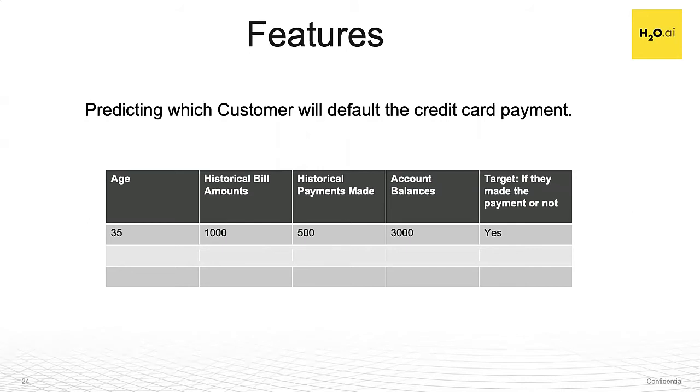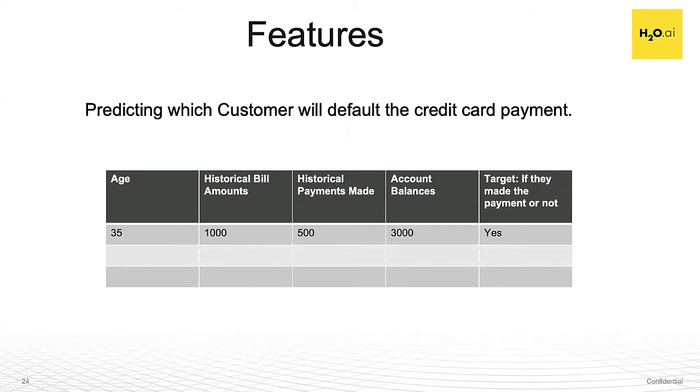So we try collecting some data points for Bob. Say we collect his age, his historical bill amount, how many payments he's made, and his account balance. We collect all this data and populate it into a table.